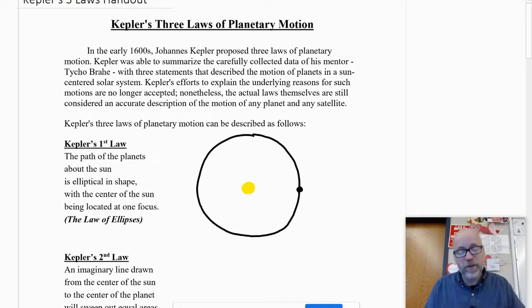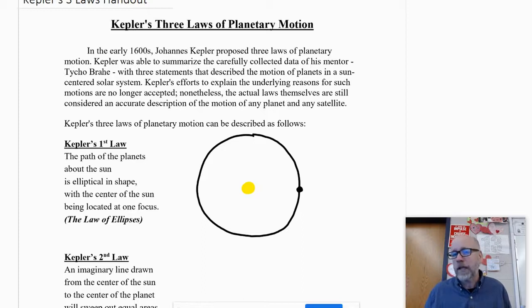Now, the Earth's orbit is very close to circular. It's why the ancients didn't really realize they weren't traveling in perfect circles. But it's not just that it was elliptical in shape. What Kepler did by demonstrating that the planets do not travel in perfect circles was he was able to get rid of this idea that had been around since the time of Aristotle in 150 AD.